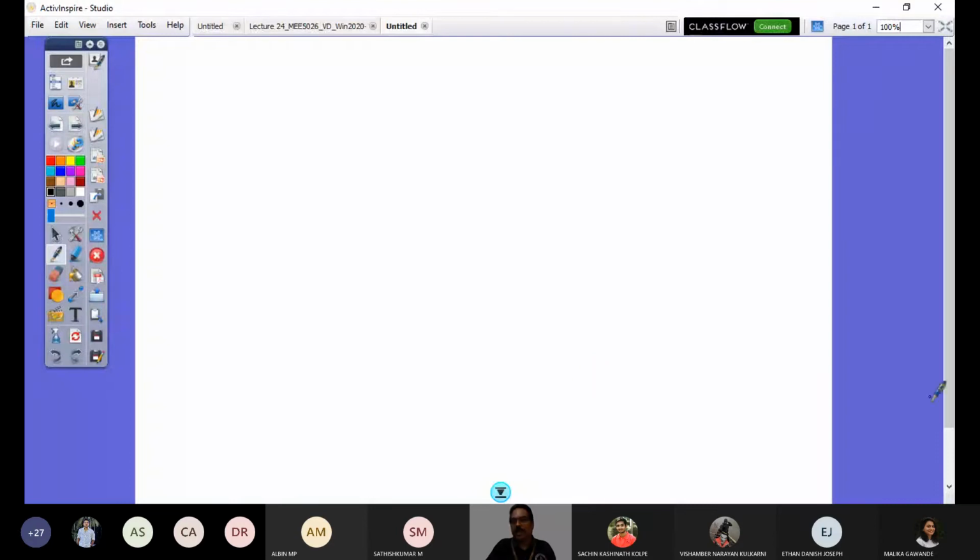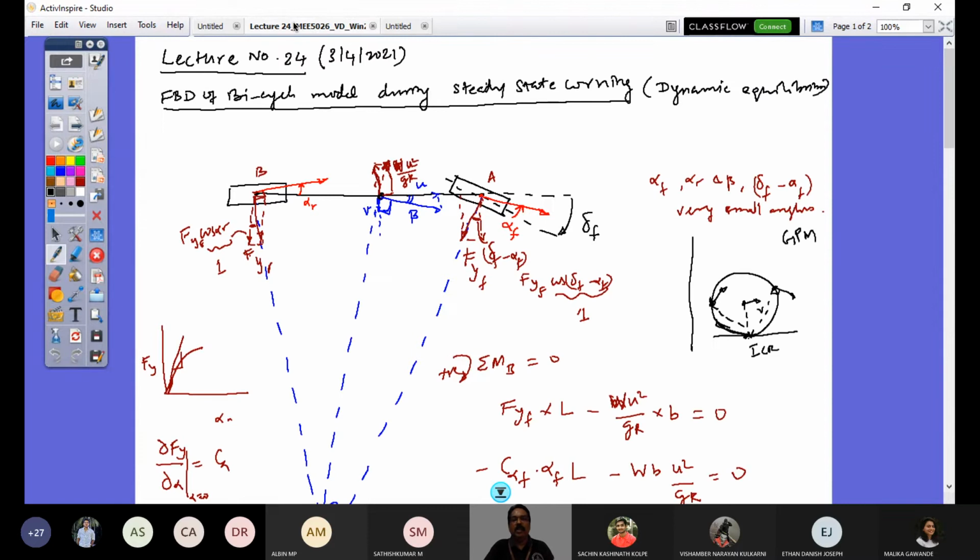Before starting today's lecture, let us quickly see what we were doing in the last class. We drew the free body diagram of our bicycle model considered for steady state cornering. At dynamic equilibrium, the lateral force developed at the contact patch is balanced by the centrifugal force. That's the force balance.